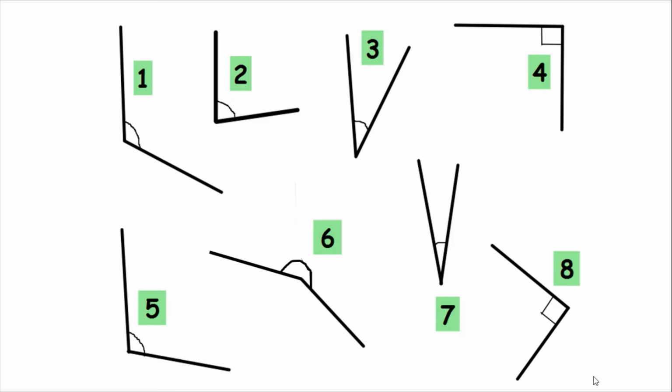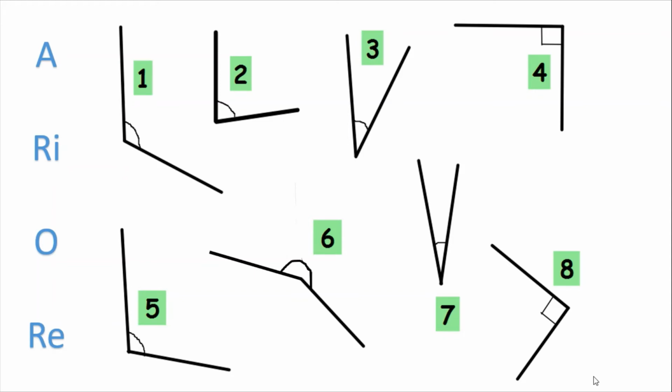You might want to write down the numbers and write the angle next to it. You could just write A for acute, RI for right angle, O for obtuse, and RE for reflex, so you don't have to write out the whole thing, but just so that you can work out quickly which numbers would match each type of angle.